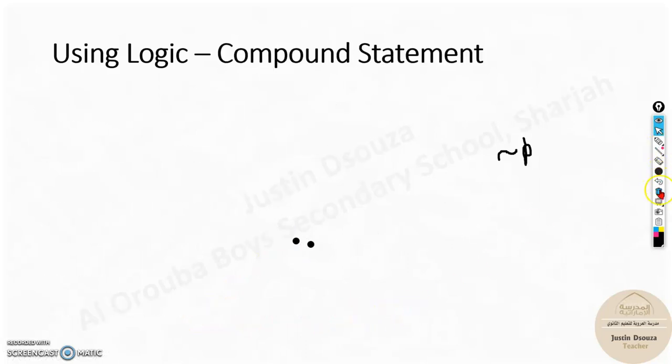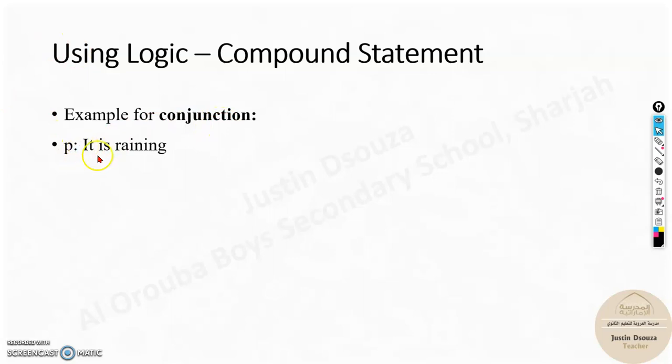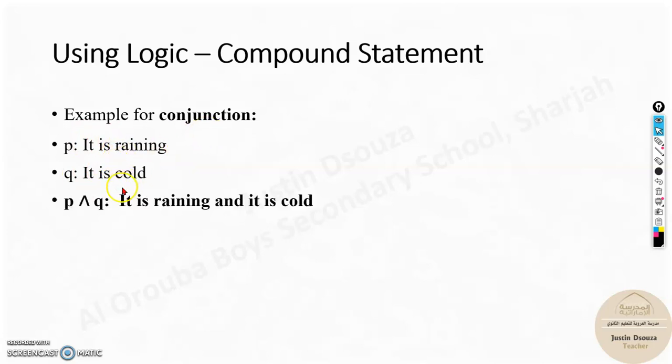So now we will quickly see an example, and then in the next video onwards we will solve problems based on this topic. An example for conjunction: if you have a statement, it is raining, and another statement, it is cold, how do we write it as a conjunction? It is raining and it is cold, because you're joining by and.